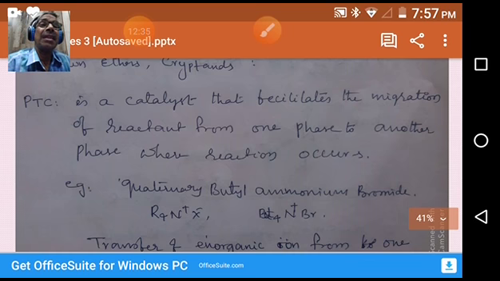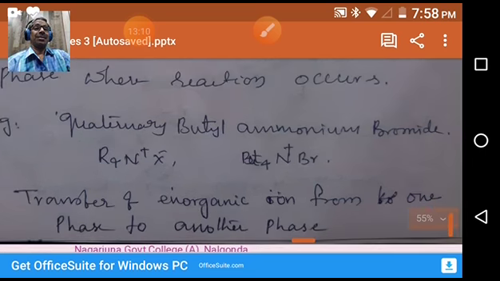A PTC, phase transfer catalyst, is a catalyst that, when present in a reaction, facilitates migration of one reactant or reagent from one phase to the other phase. What these phases are, why we have to use this phase transfer catalyst, and what the mechanism is, we can discuss.